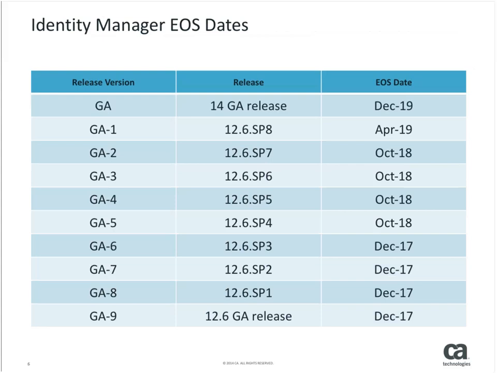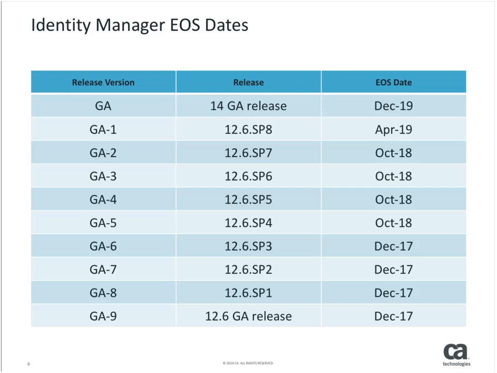Anyone who's using Identity Manager, you're going to see that I only have the 12.6 branch here. I don't mention the 12.5 branch. If anyone is using the 12.5 branch, the end of service date was March 31st, 2017. So anyone who's actually using it, you're right now at end of service, and you need to discuss either putting in an extended support request or thinking about an upgrade process.